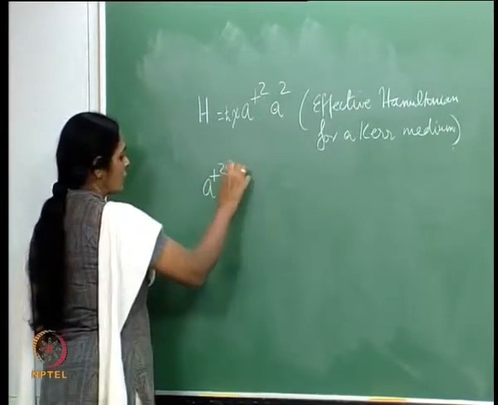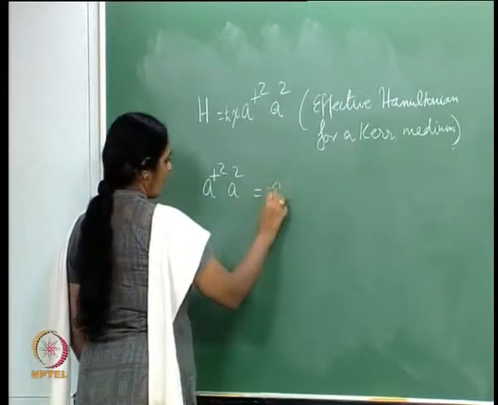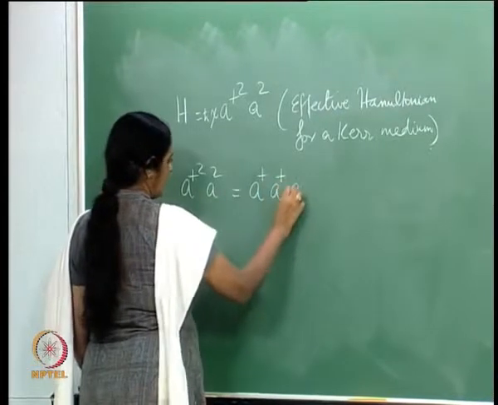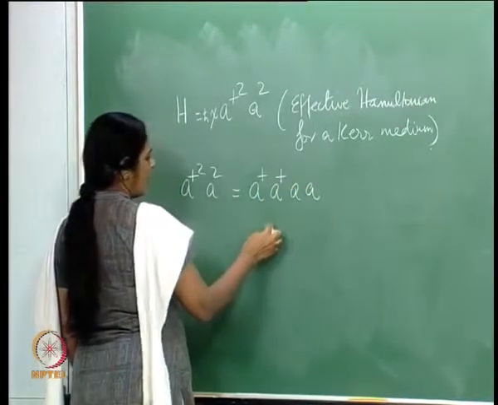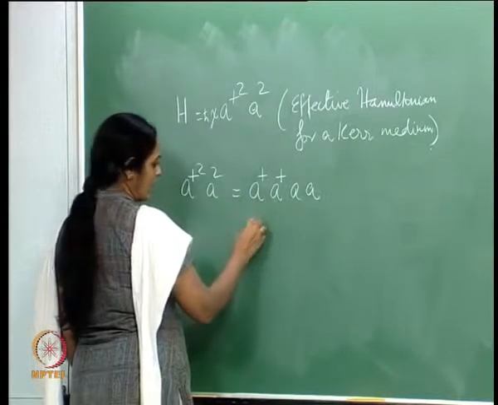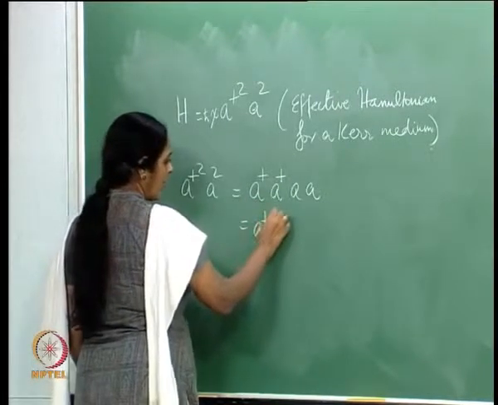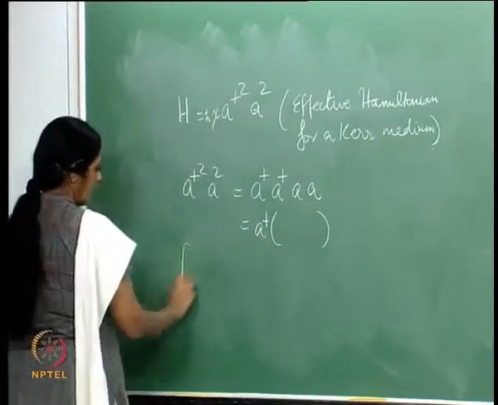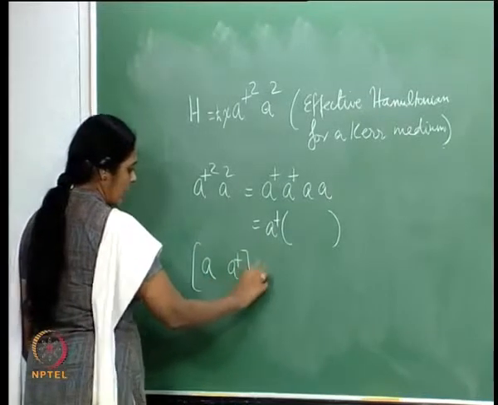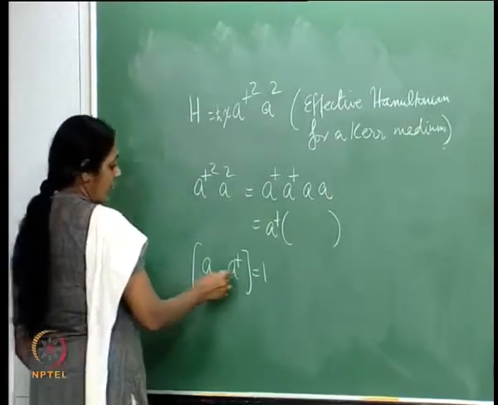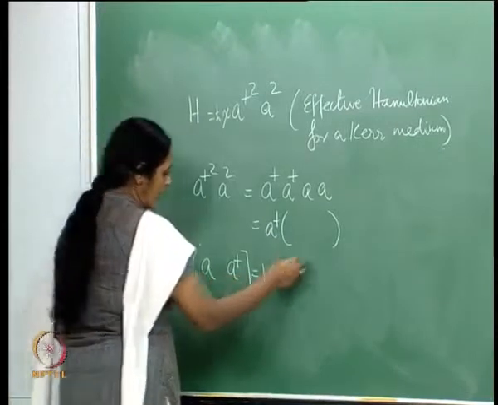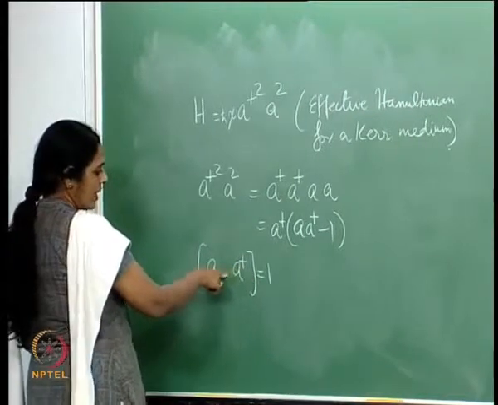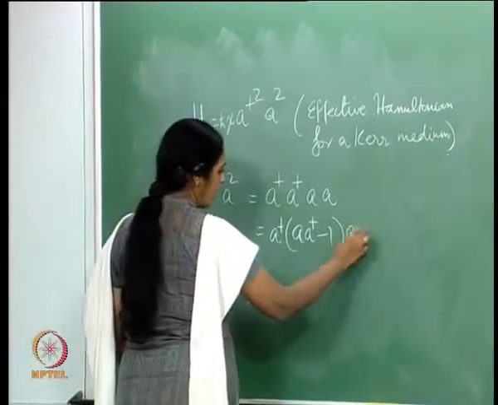I consider A dagger squared A squared. The idea is to write it as A dagger A dagger A A. So, I write A A dagger in terms of A dagger A. Recall that the commutator of A and A dagger is 1 and therefore, A A dagger is 1 plus A dagger A. So, I can write A A dagger as A dagger A minus 1, and there is an A there.